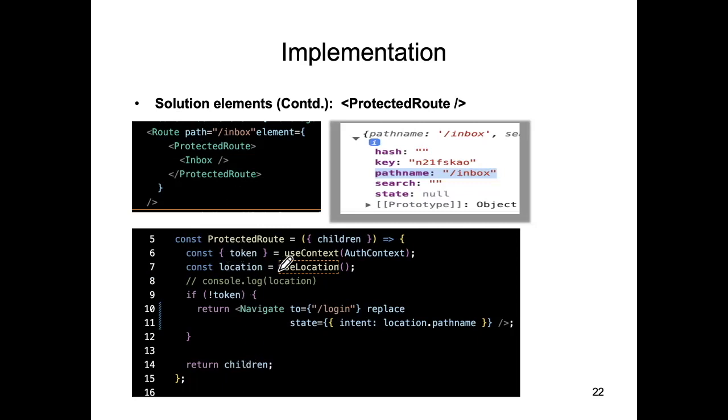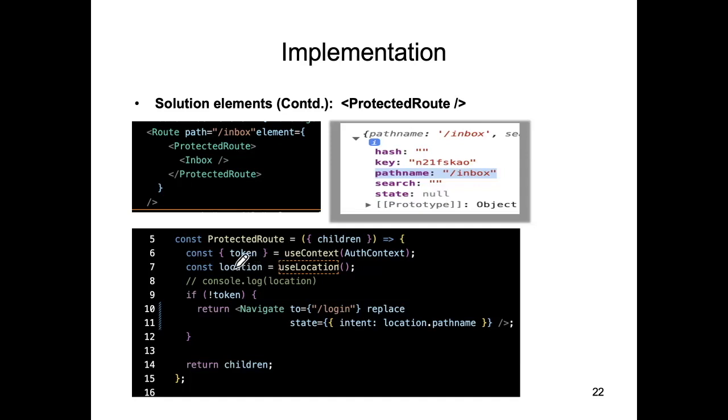So what does it do? First thing it does is it uses the useContext hook in order to access, in particular, the token stored within the context. I'm not interested in the other parts stored inside the context, just the token, which could be null, or it could have some other kind of string in it.